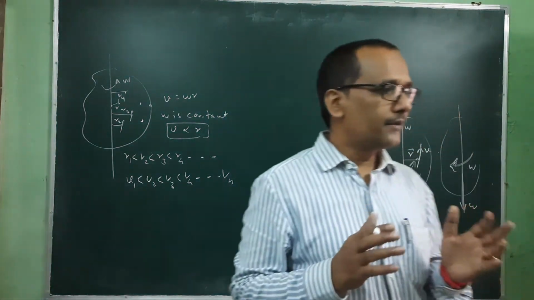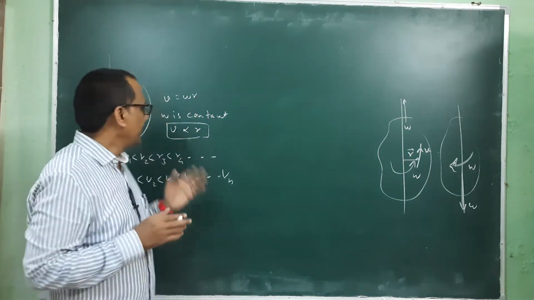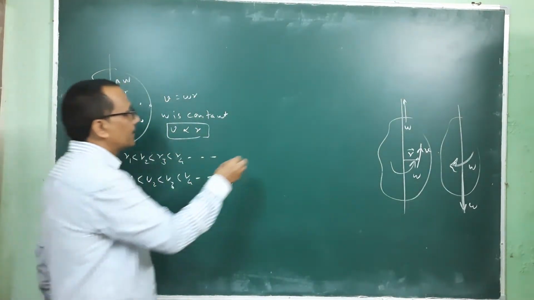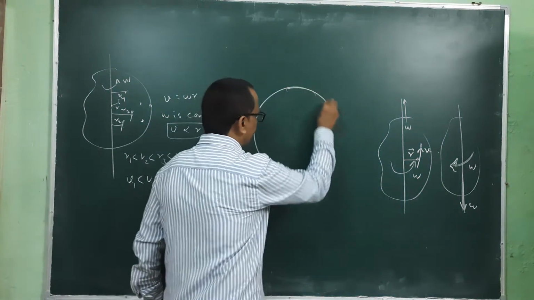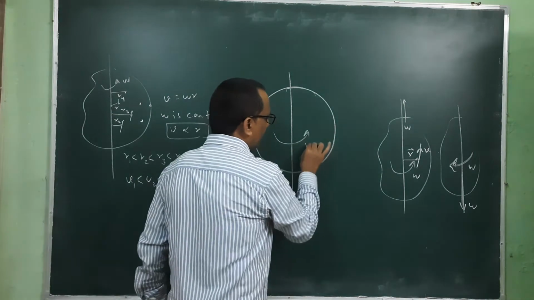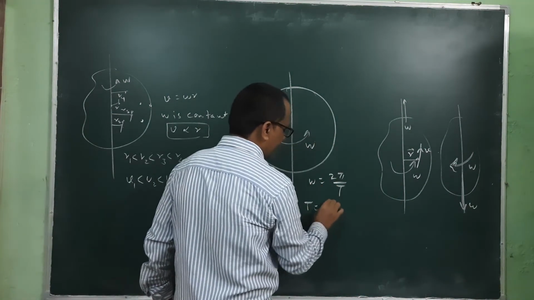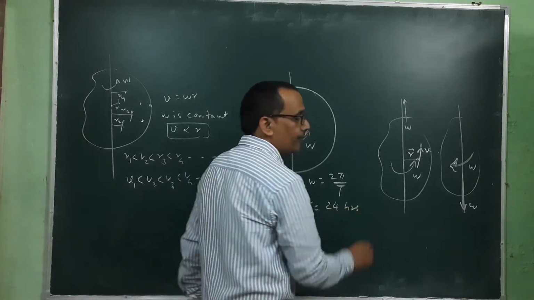Let us take the example of our Earth. If this is our Earth, its rotational time period is fixed, and this is the axis, with angular velocity omega equal to 2 pi by T, and T is equal to 24 hours.